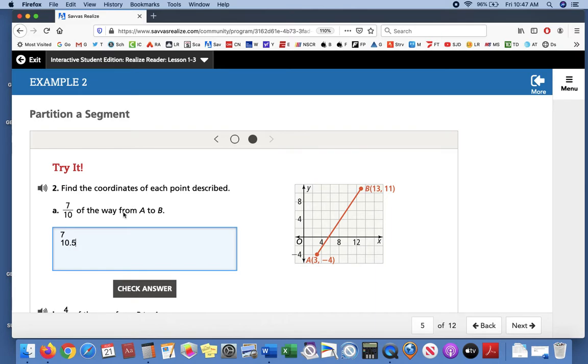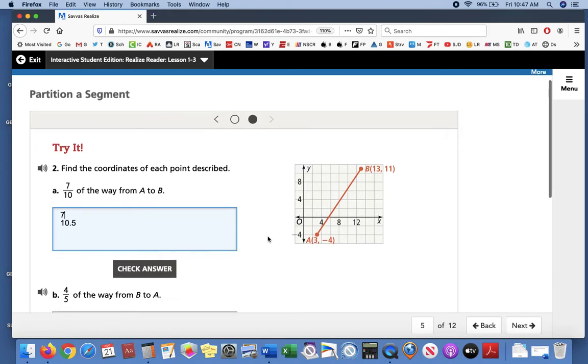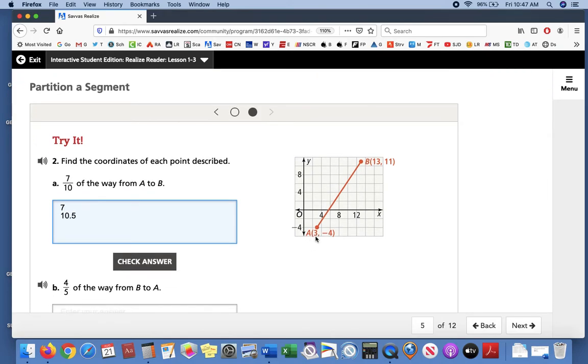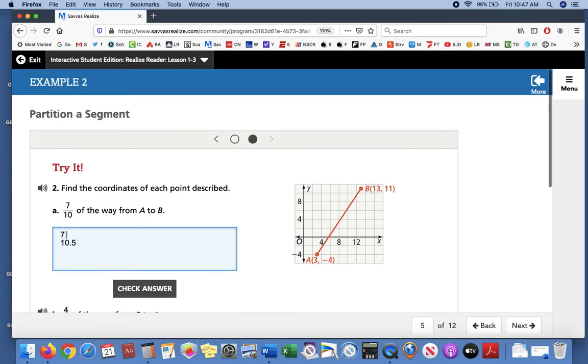Now, what do I have to add those numbers to? Since we're going from A to B, I need to add 7 to the A value, 3 and -4. So 7 gets added to 3, and the 10.5 gets added to -4. And let's see what those coordinates come out to. 7 plus 3 is 10, and 10.5 plus -4 is 6.5.